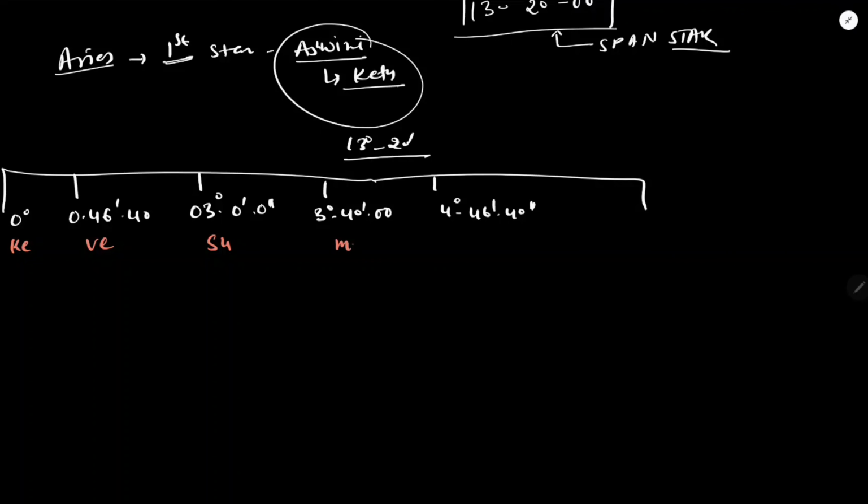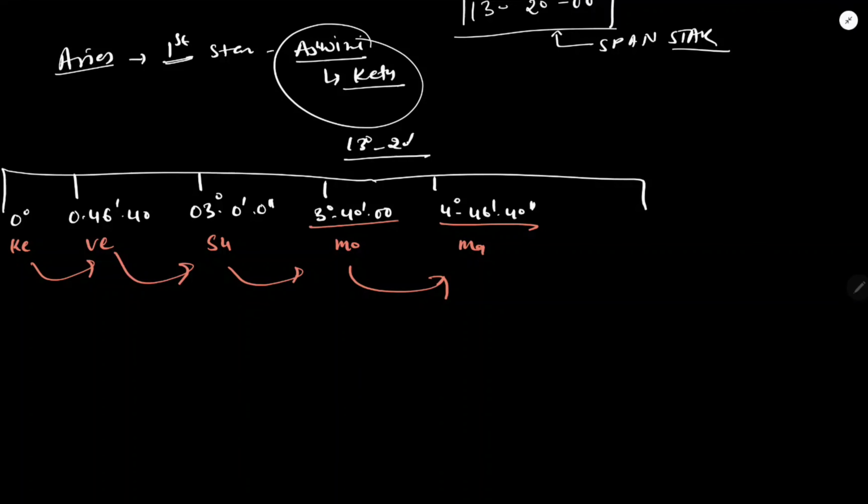Then we have Venus, then Sun, then Moon, then Mars, right? We are just adding the spans. We are adding 0, 46, 40, and when we add 2 degrees 13 minutes 20 seconds, we receive this, and so on.